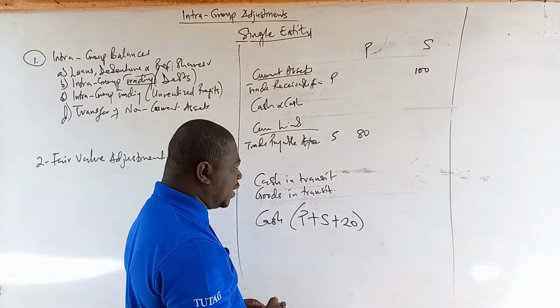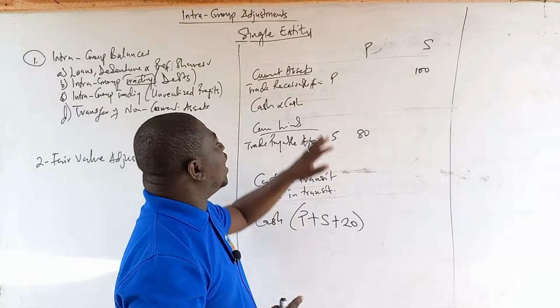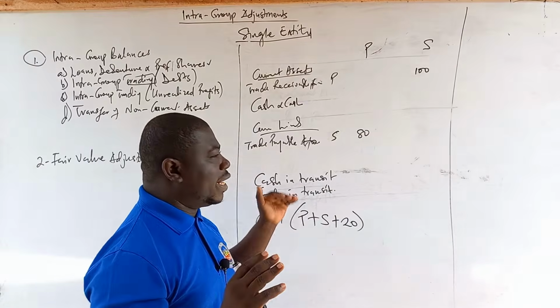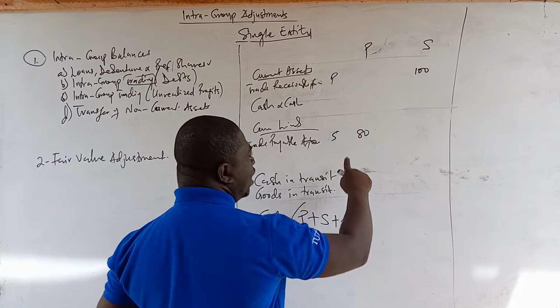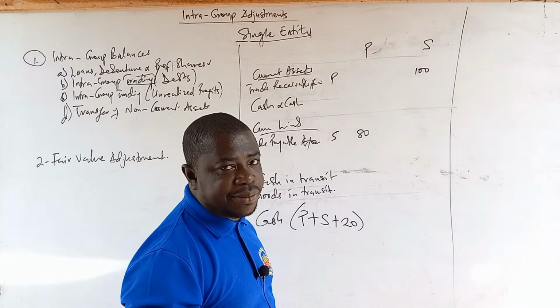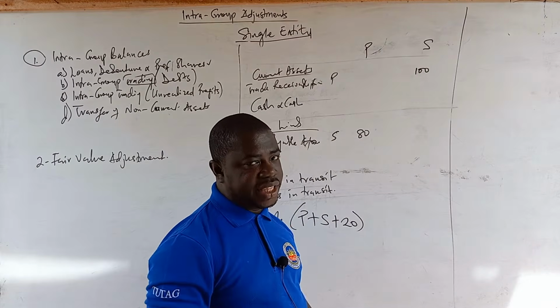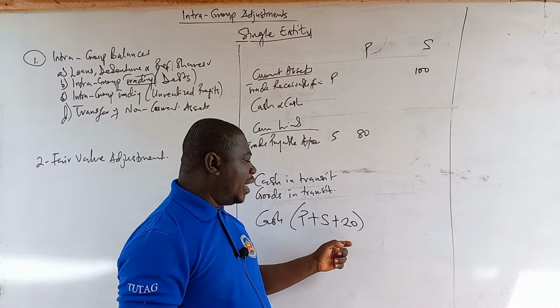Now, in that case, the extra 20 will be treated as goods in transit, not cash in transit. So in that case, still, we are going to cancel out only the 80. But this is what we show. The debt must not appear at all to show that anyone is owing any other. That is, the parent cannot owe the subsidiary, the subsidiary cannot be owed by the parent. So what we are saying is that both the 80 and the 100 will not appear in the consolidated statement of financial position. But the extra 20 will be shown as goods in transit. And this time, because it is not cash, we cannot add it to the cash.